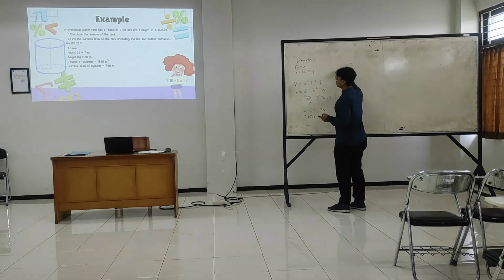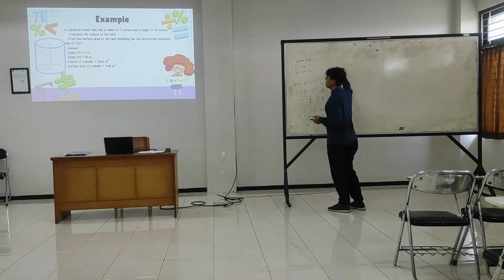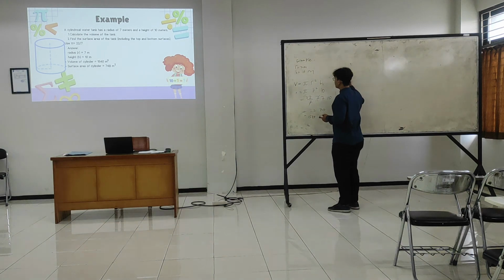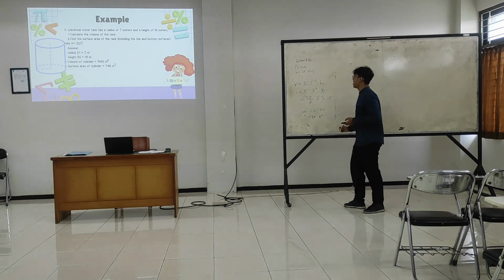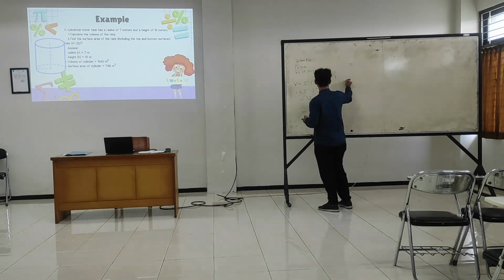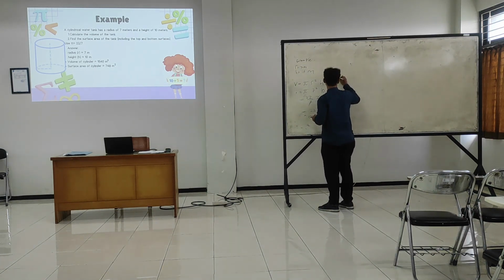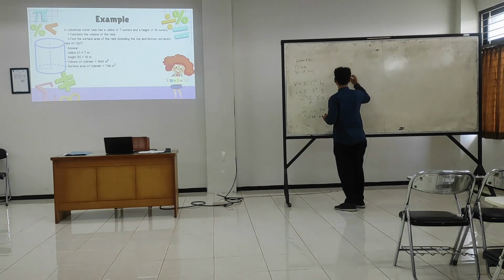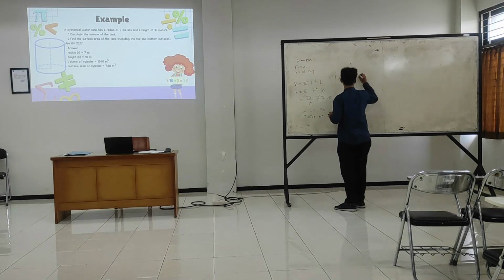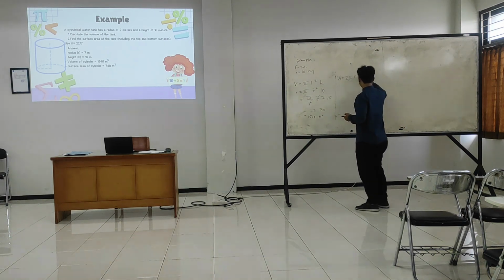So number 2 is to find the surface area of the tank. Can you guys find the surface area? No. So let's find the surface area. So A equals 2 pi r times h plus r.